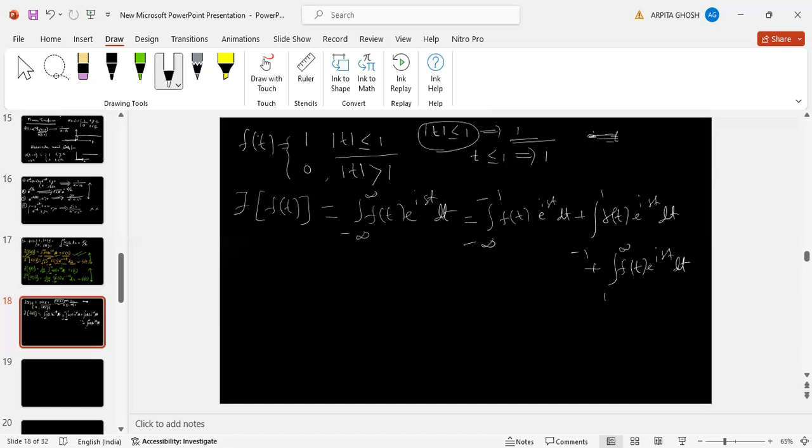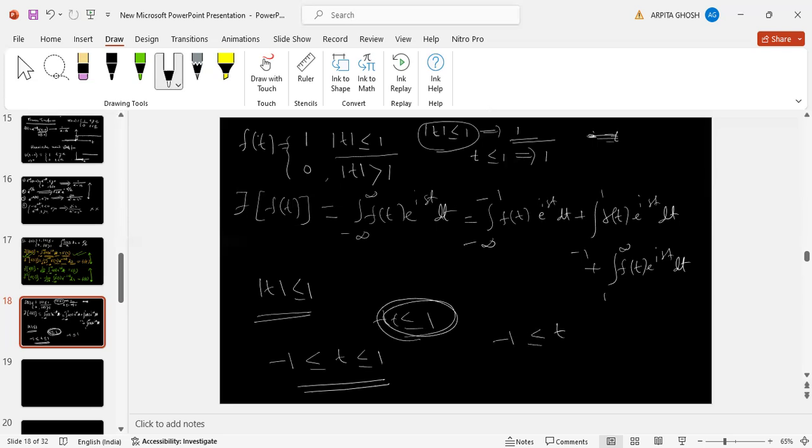Given that for |t| ≤ 1 the functional value is 1, |t| ≤ 1 means t is less than or equal to 1. This is okay. And if we consider negative values, |t| ≤ 1 means -1 ≤ t ≤ 1. Is this part understood? The right side should not be difficult to understand. What about the left hand side? Is this understood? -1 ≤ t, is it understood?